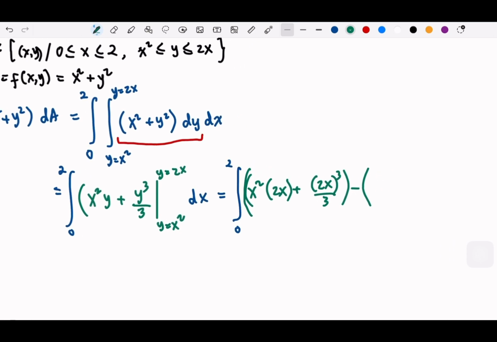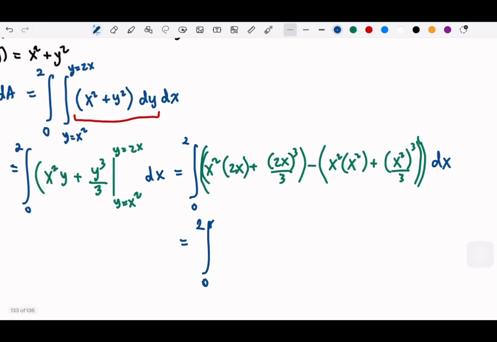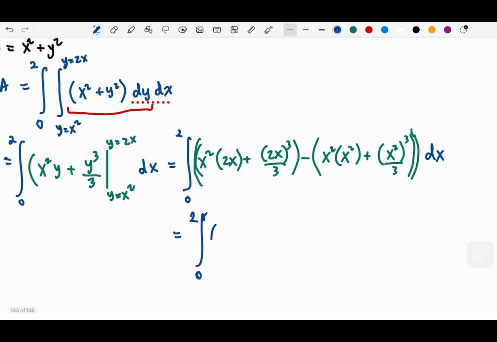And then x squared plus x squared cubed. We have the integrals, and we can put in all the integrations.